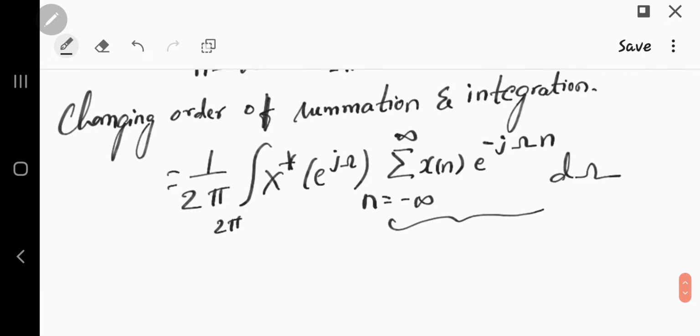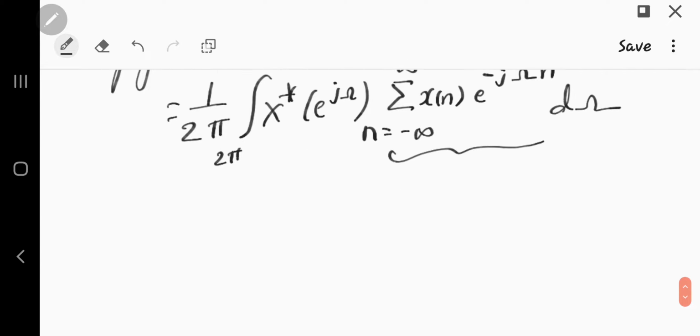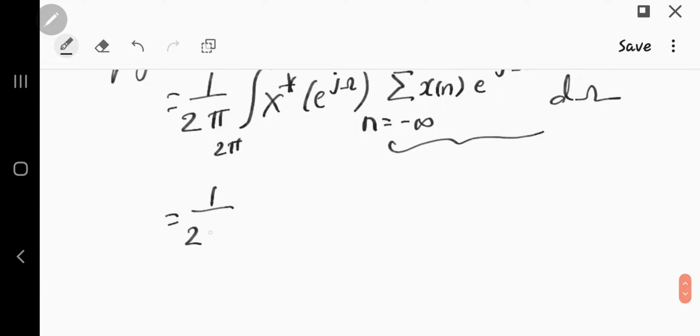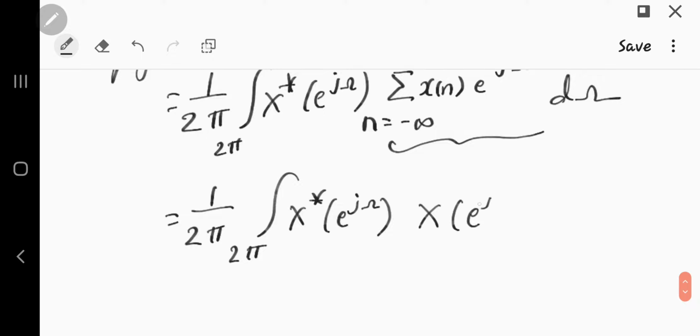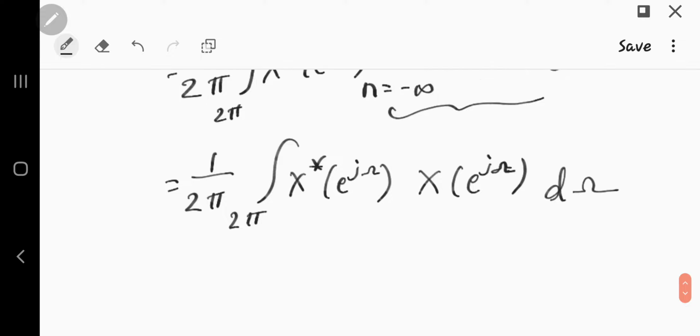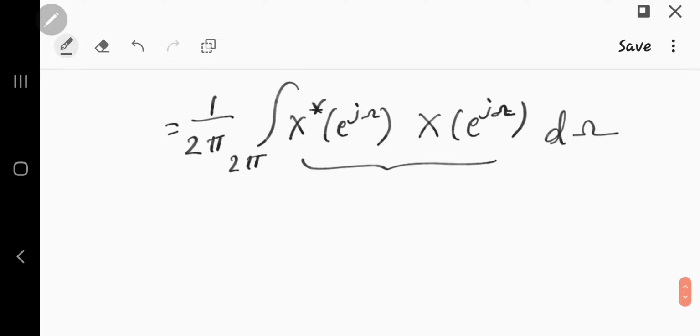Now this term is nothing but X of e power j omega, that is the analysis equation, so we get X star of e power j omega times X of e power j omega d omega. Okay.